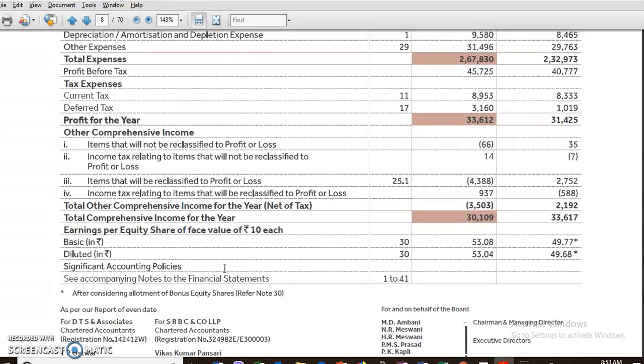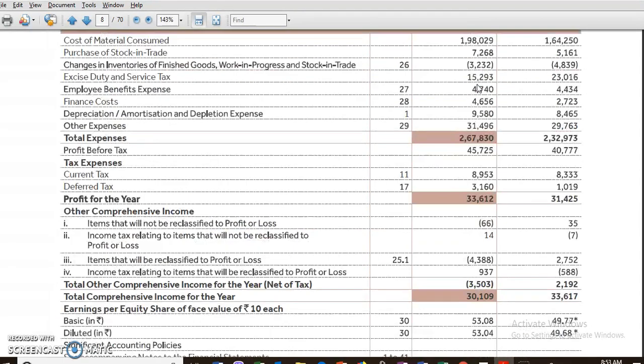We will not go into too much detail, because that's not really very important in analyzing the profit and loss, because mostly you should be focusing on the profits or earnings before interest, tax and depreciation.